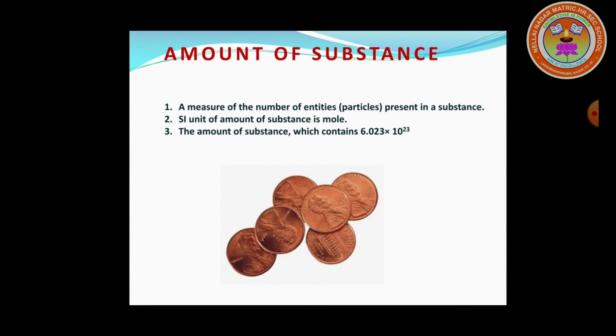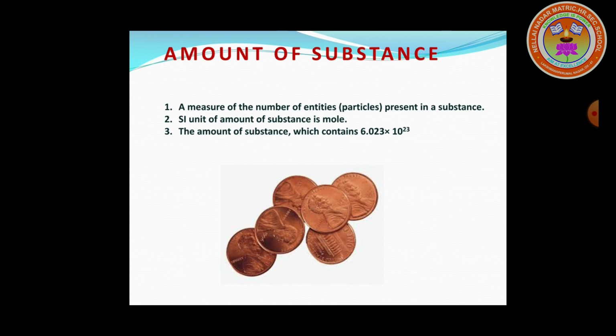So the amount of substance is a measure of the number of entities. Entities means particles. It may be an atom or molecule or electron or proton present in a substance. So how many particles are present in a substance, that is what is measured.